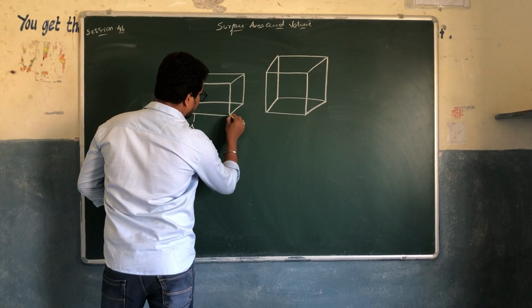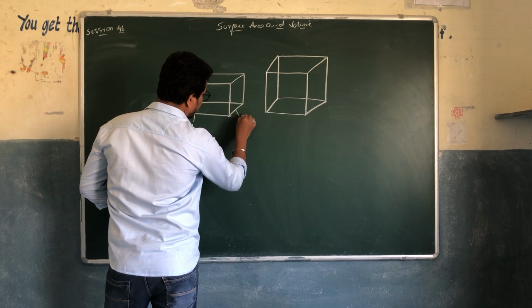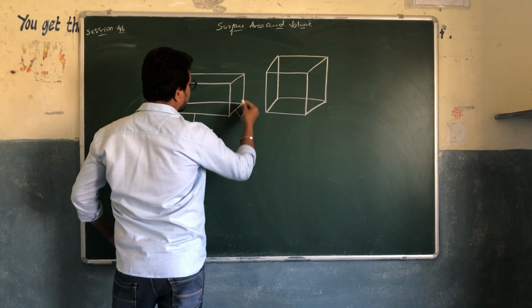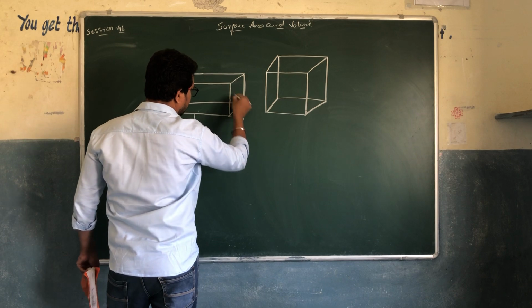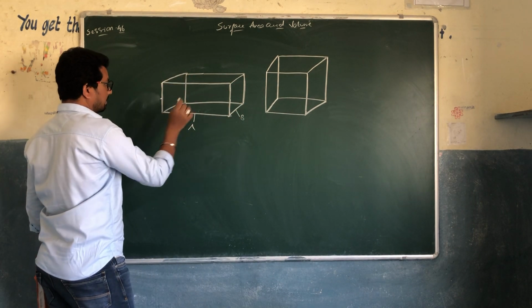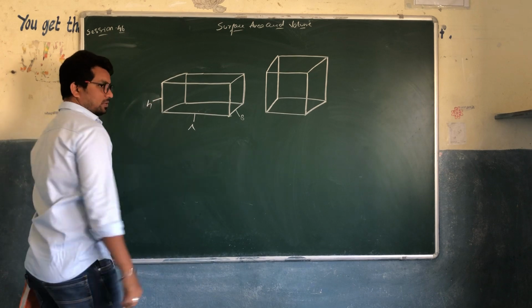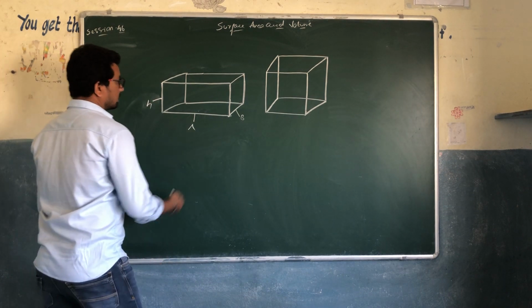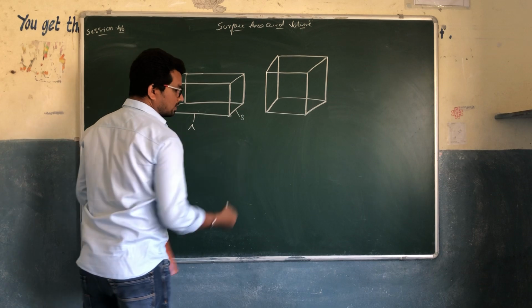Which means this one. This is breadth. And this one, or you can take this one, or you can take this one. All are same. So this is height.